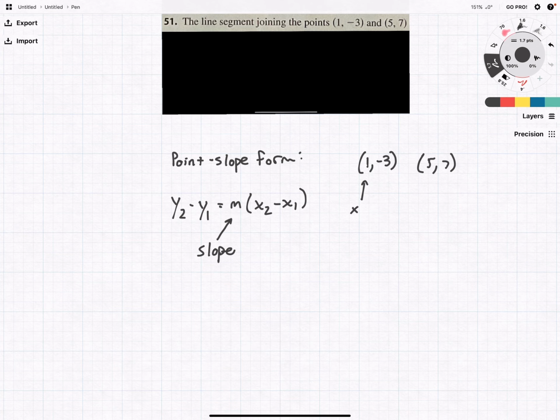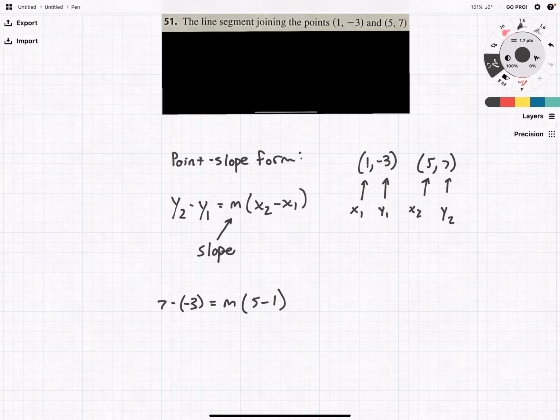So we'll have 1 as x1 and -3 as y1. We'll label 5 as x2 and 7 as y2. So here we go. We'll have y2 minus y1, that would be 7 minus a minus 3. And that's going to be equal to m, our slope, times x2, which is 5, minus x1, which is 1.